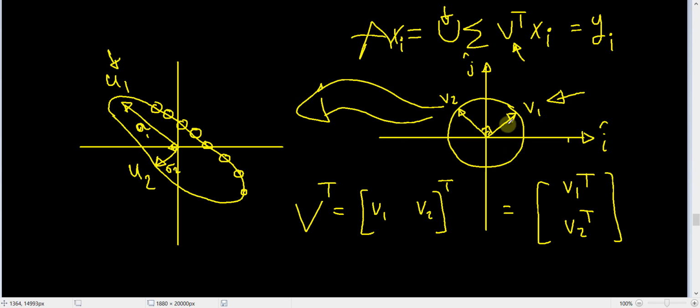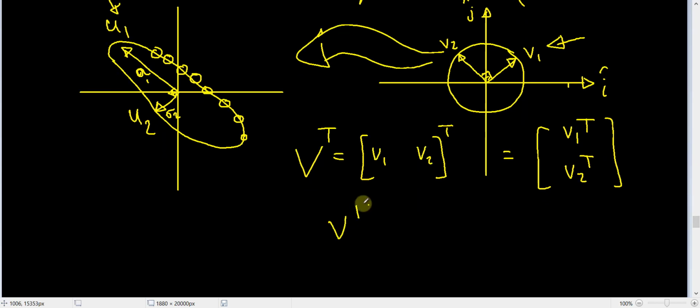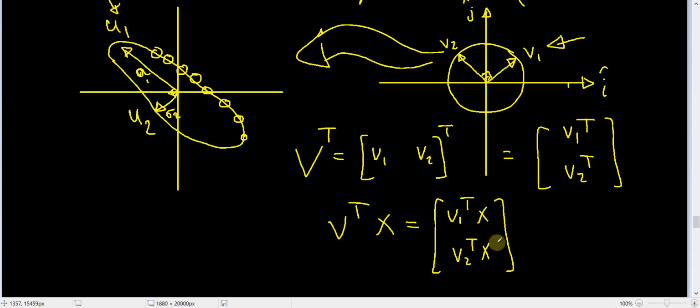We also can think of this in a slightly different way. If you multiply this V transpose by any vector x, so V transpose multiplied by vector x is equal to V1 transposed x and V2 transposed x. This actually means that we are getting the component of any arbitrary vector x in the direction of V1 cap and in the direction of V2 cap.